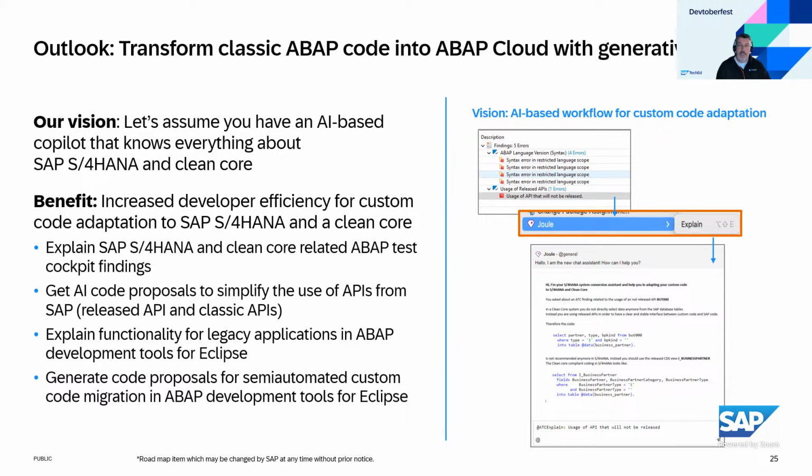As I've said, this is only the target where we want to go. This is definitely not something that we ship with the first wave of AI capabilities in ADT, which comes in February next year. So this will come a little bit later, but I'm quite optimistic because we already have some POCs running in our lab, and it looks good that we can provide some of these use cases in the range of next year.